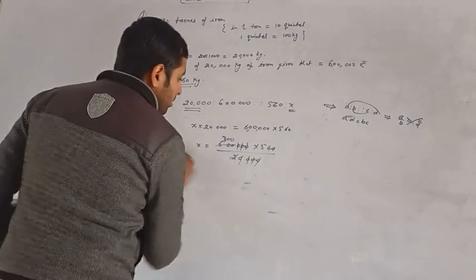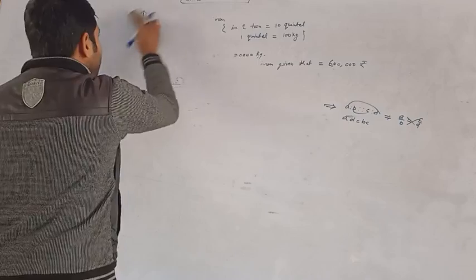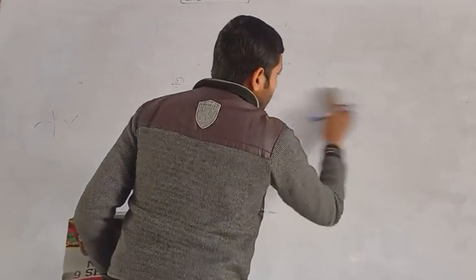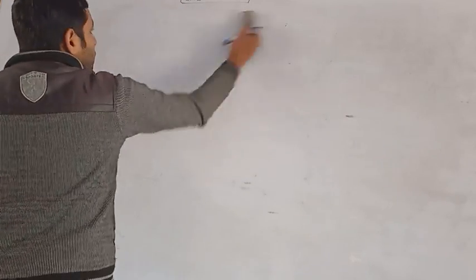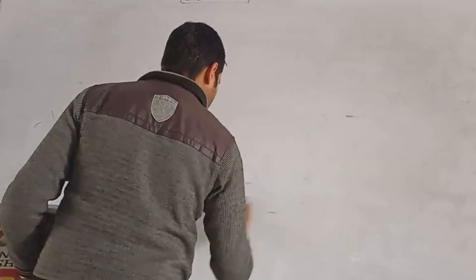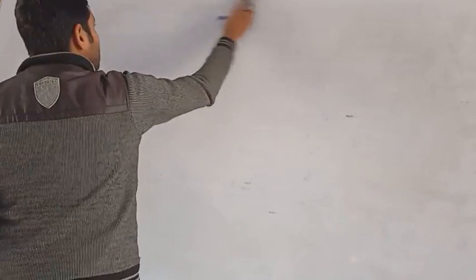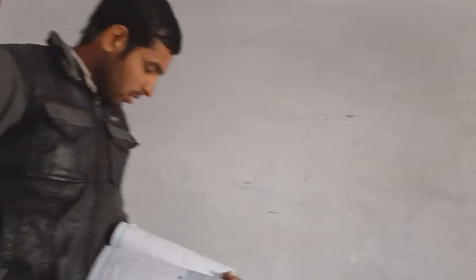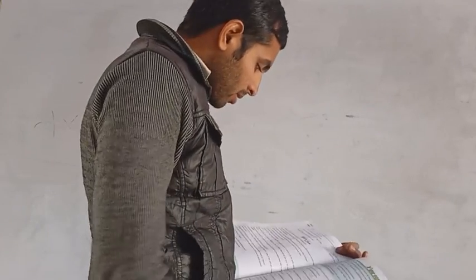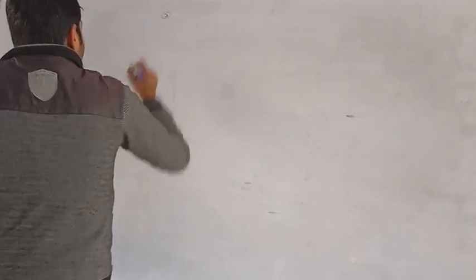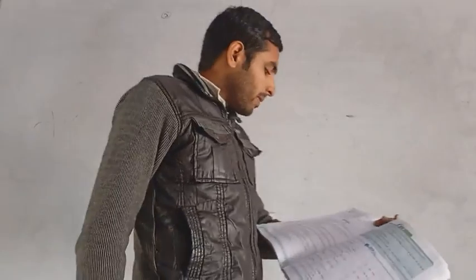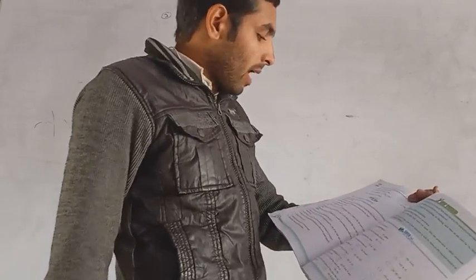Now again we have to solve our problem number 3. In problem number 3 it is given that to make 150 cakes we need 120 gram of butter.